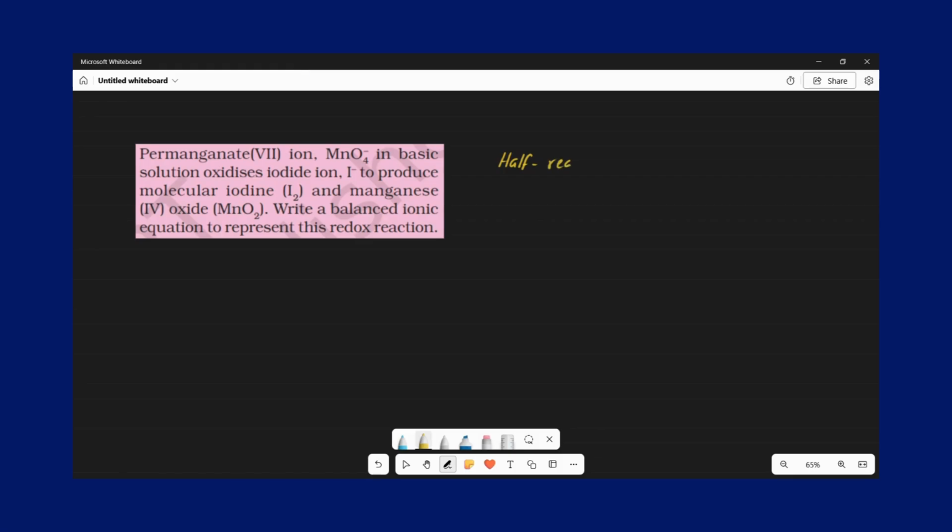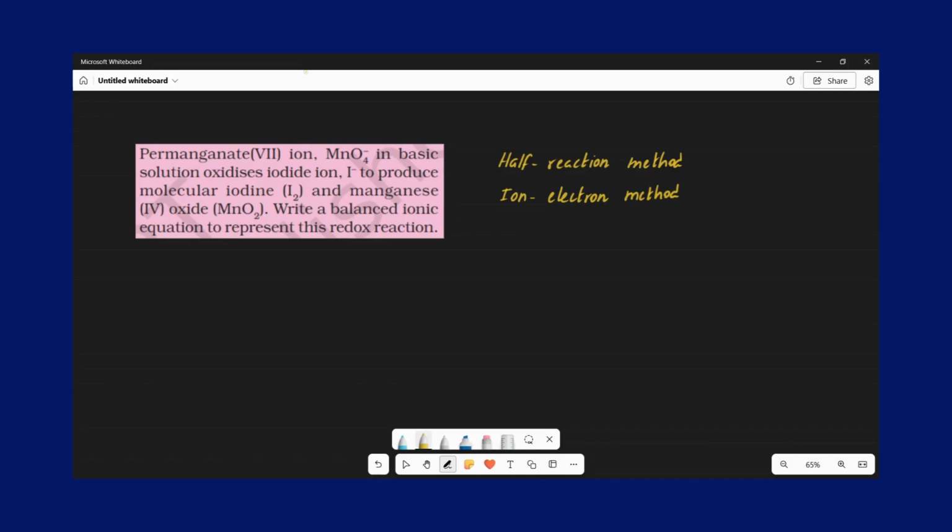What I mean by half reaction method is that I am going to break the overall redox reaction into two half reactions, one an oxidation reaction, the other a reduction reaction. Then I am going to individually balance them, and then I add both the balanced half reactions together to get the full equation.